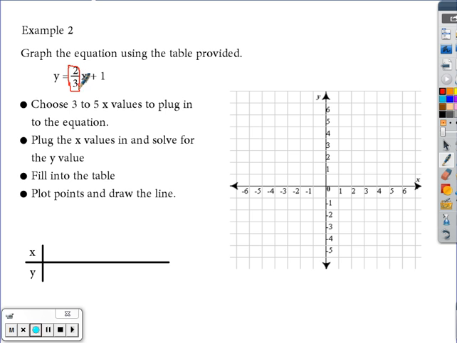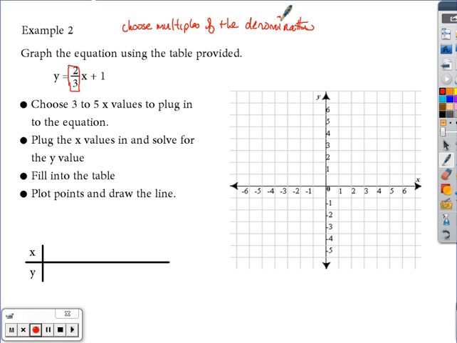And the way I do that is by choosing a number that is a multiple of 3, because 3 is the denominator. So choose multiples of the denominator. That's your hint whenever you're trying to plug in and there's a fraction.